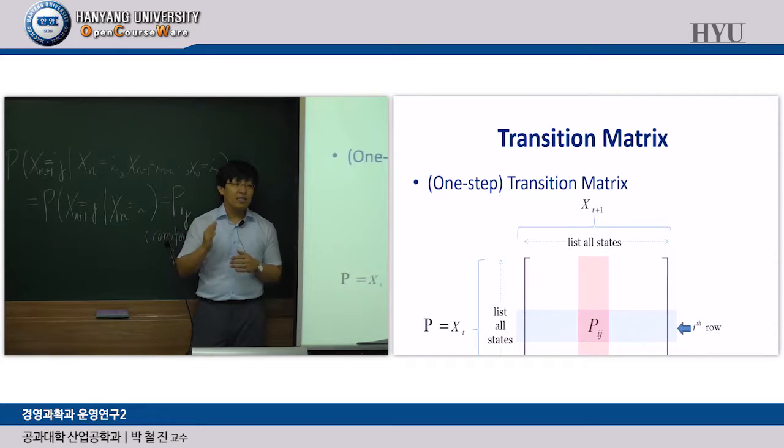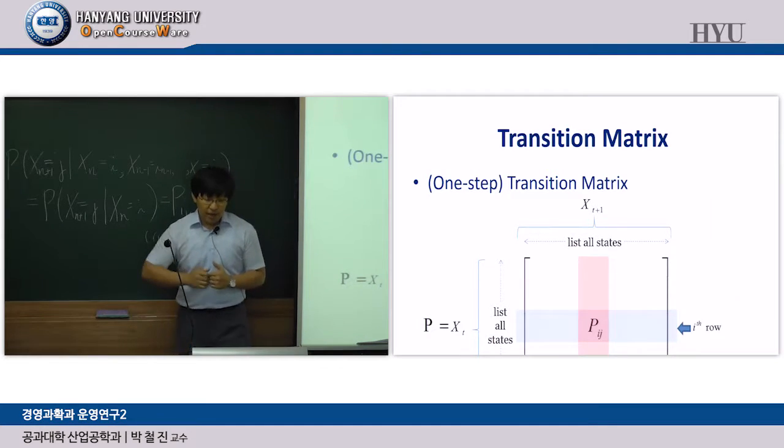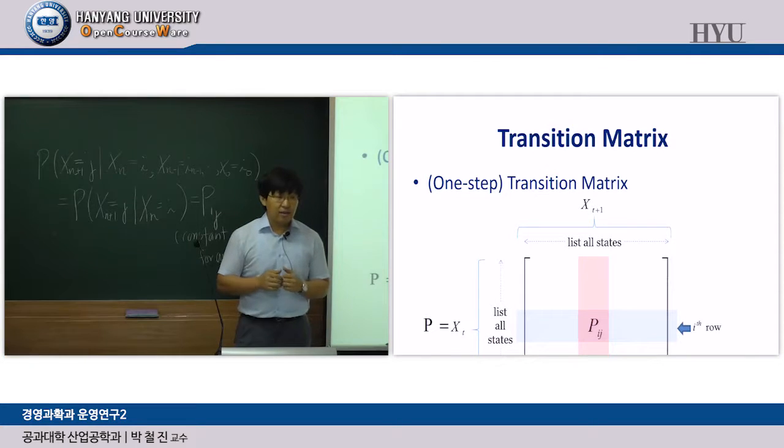To calculate this, we can use matrix form, and then we can easily find the probability. The transition matrix is a square matrix with all possible one-step transition probabilities.